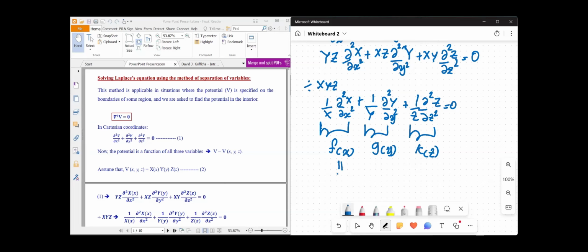So this value should be a constant, I'll say k1 squared, and this value also should be a constant k2 squared, and this value also should be a constant k3 squared.